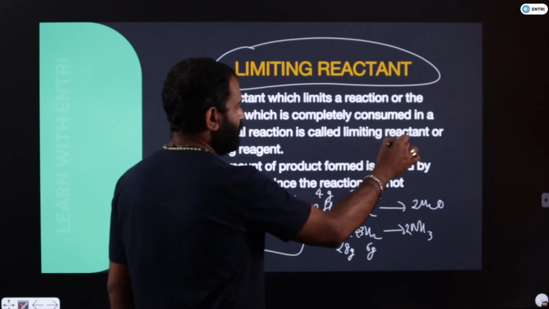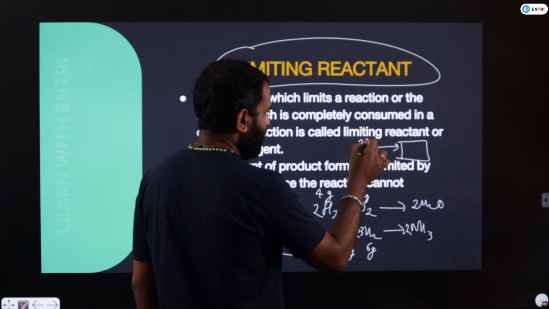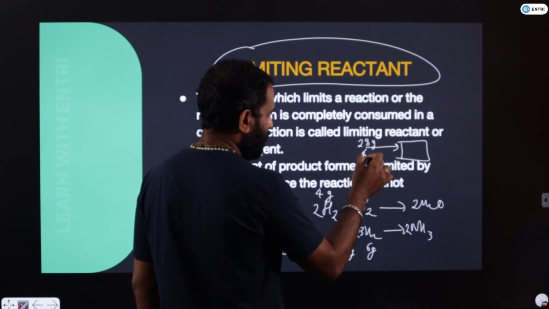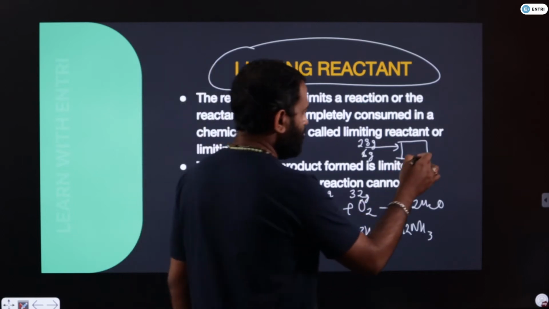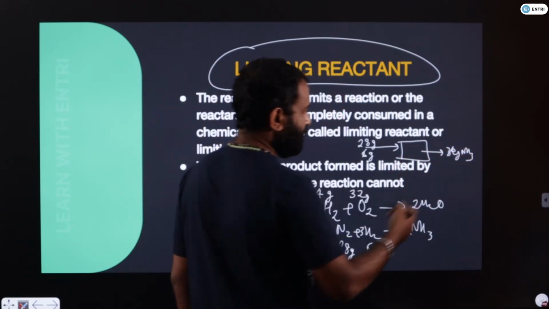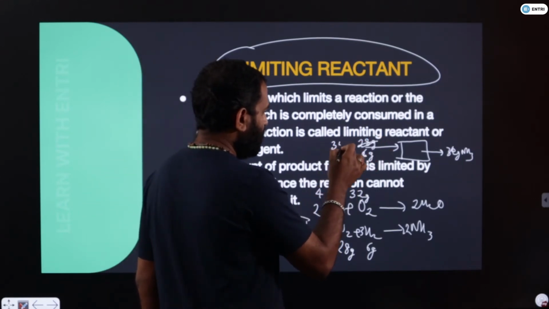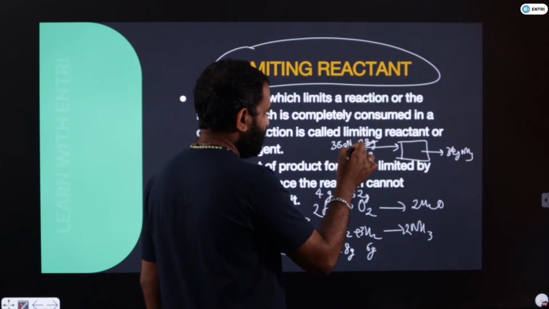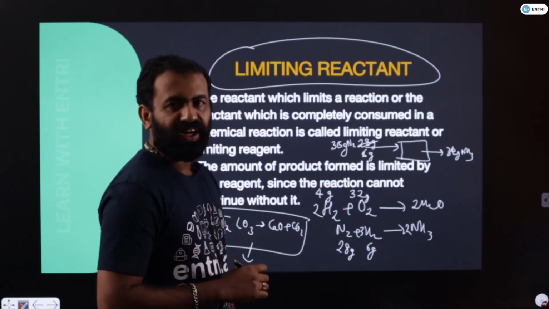So in the reactor, if we give 28 gram nitrogen and 6 gram hydrogen, we get 34 gram ammonia. Now instead of that, I give 35 gram nitrogen and 6 gram hydrogen.